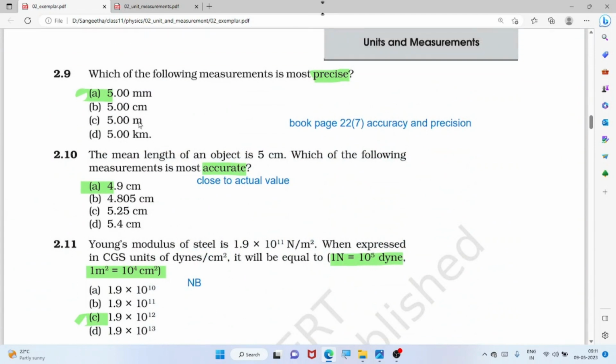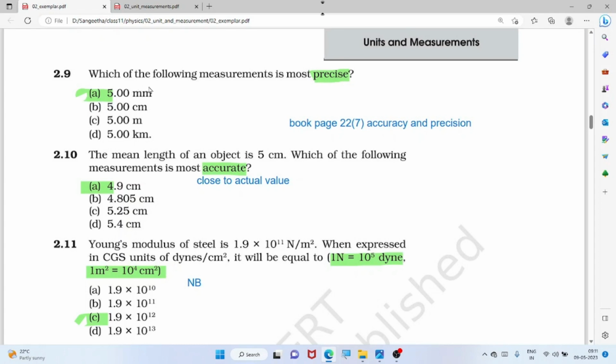Which of the following measurements is most precise? There is a difference between precision and accuracy. Okay, so what is precision and what is accuracy? So here we have the smallest difference, okay, in this.